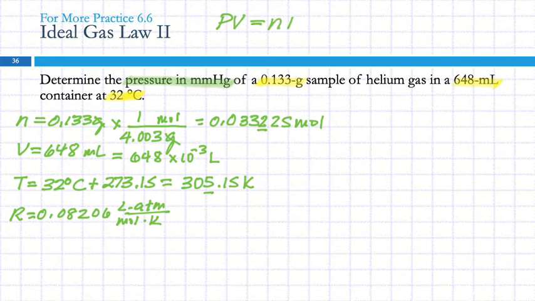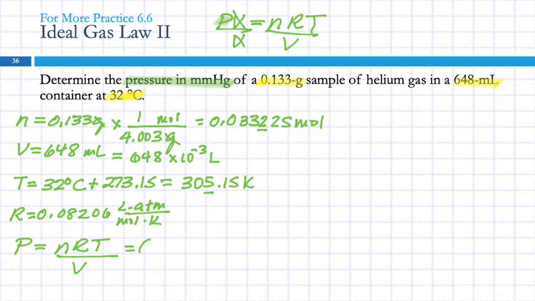PV equals nRT. And this time I'm looking for the pressure. Divide by volume. So the pressure is equal to nRT over V. 0.033225 moles, 0.08206 liter atmospheres per mole Kelvin.